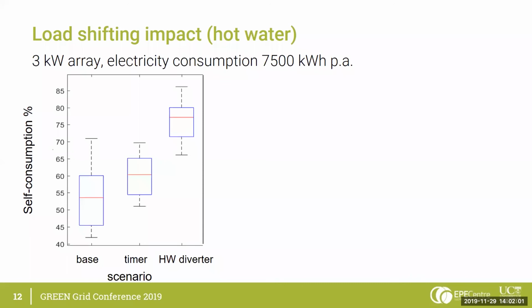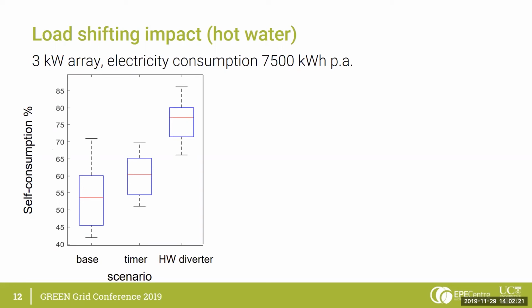So this is some results over a number of different scenarios for the same sort of 3 kilowatt array, same electricity consumption. And if you look, these are box and whisker plots. I've got 3 different scenarios: your base case without the load shifting, timer, and hot water diverter.